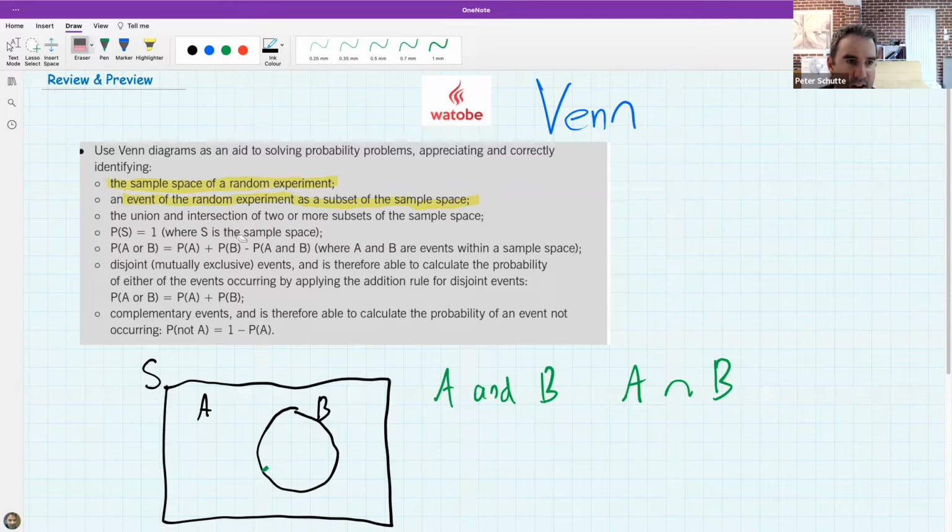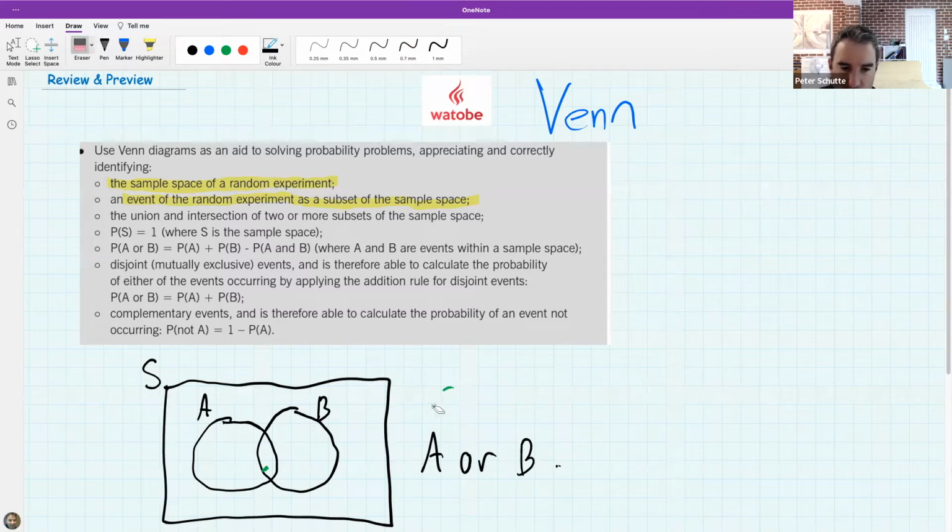However, there is another word that you have to be familiar with, which is union. Oops, I just made the A disappear. Union is when we say the set A or B, and A or B, in terms of the drawing, wouldn't just be the area where they overlap.